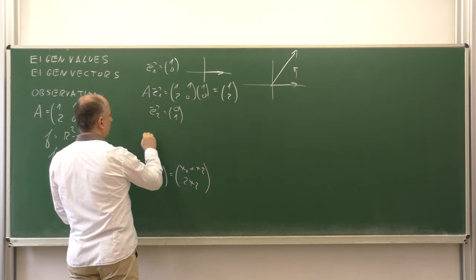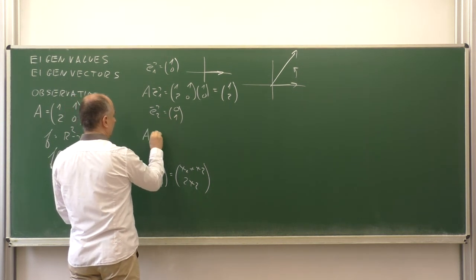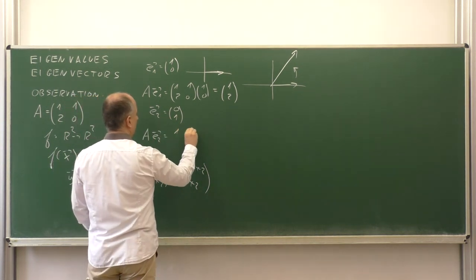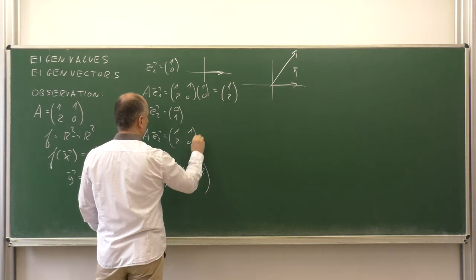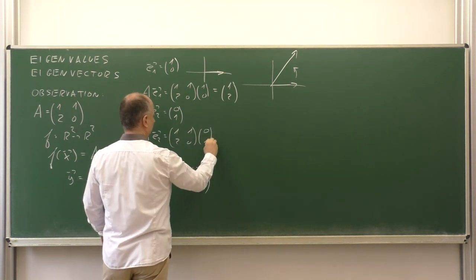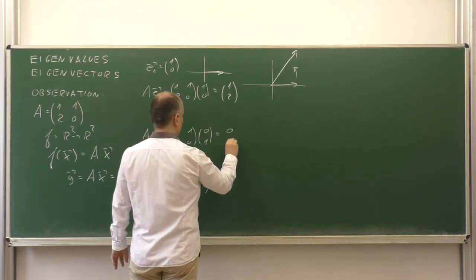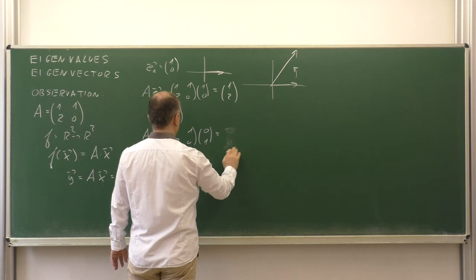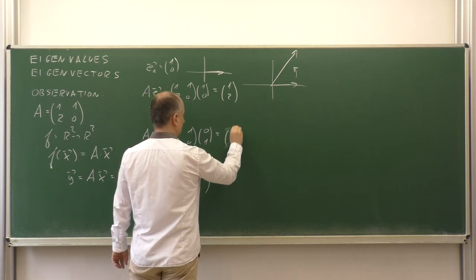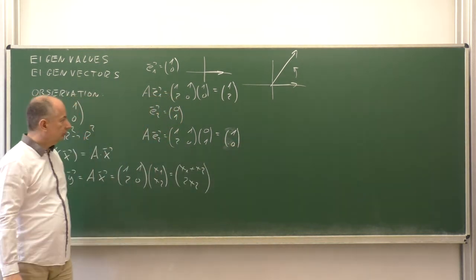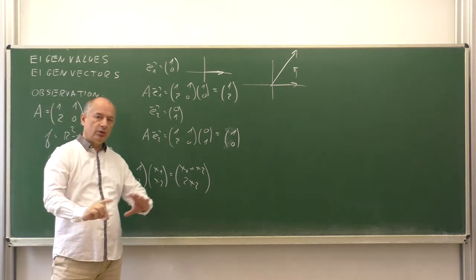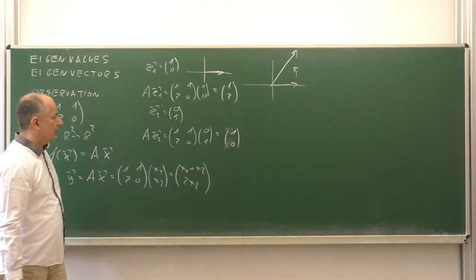The result of this vector will be 1, 1, 2, 0 times 0, 1, which is now the second column. It happens to be e1, but this is not important in this case.